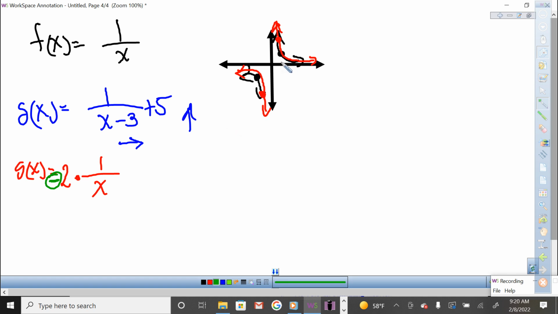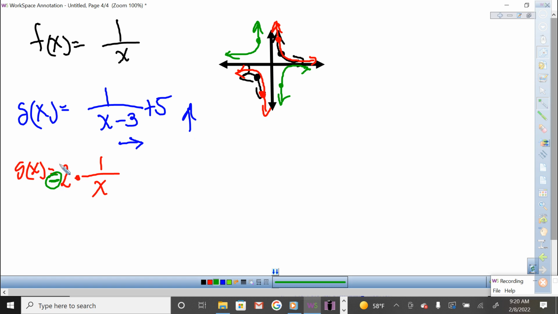So instead of being at 1, 2, it's going to be now at 1, -2, and this one at -1, +2. So this one flipped in this direction and in this direction. Everybody following so far so good? Yes? All right. And so on and so forth.